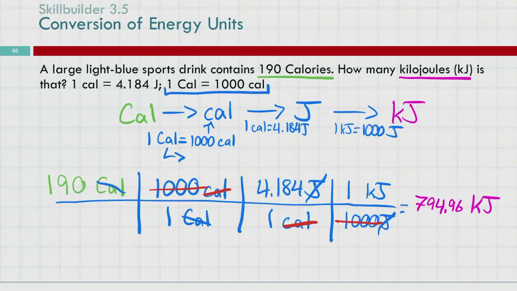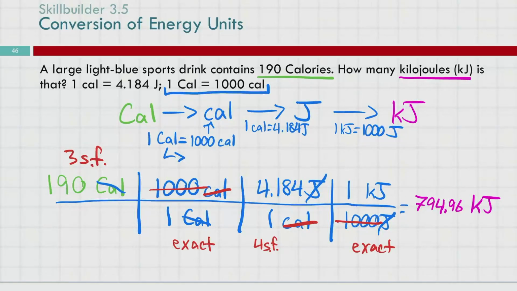And then we round it. All right, we had 3 sig figs for our first number. The 1,000 cal in 1 Cal, and the 1 kilojoule in 1,000 joules, these are both exact. I believe the 4.184 one is also exact.